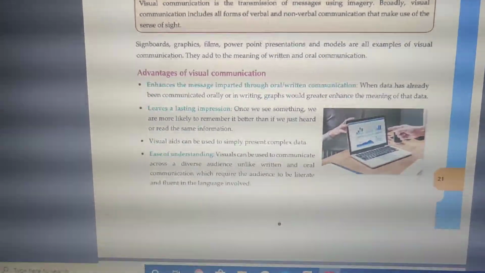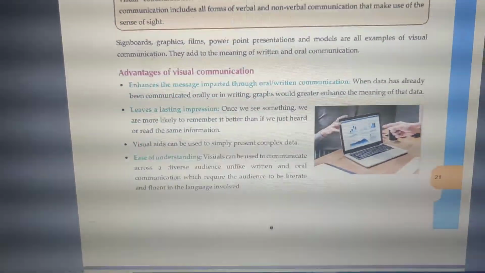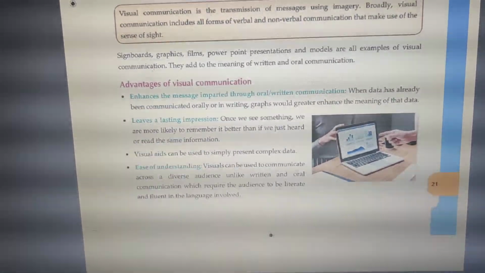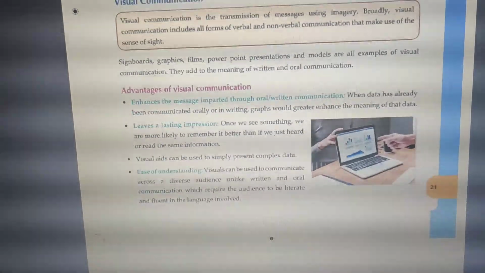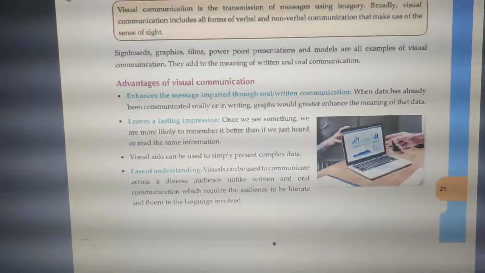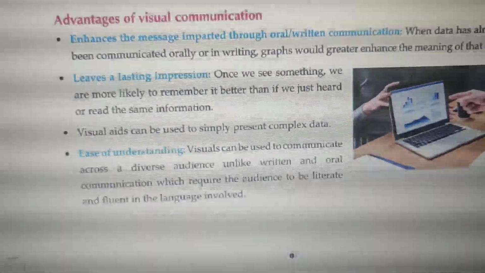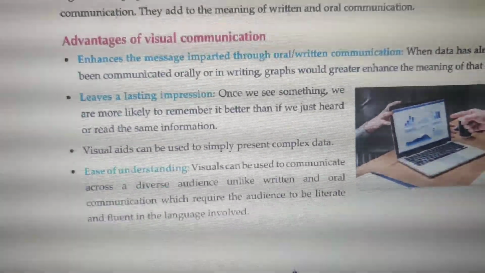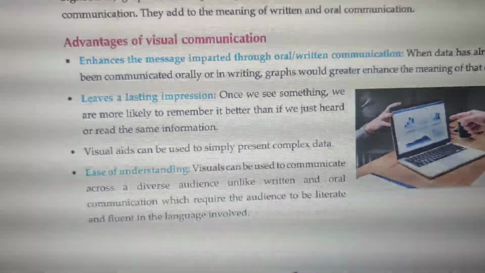Visual can be used to communicate across a diverse audience, unlike written and oral communication, which require the audience to be literate and fluent in the language. It means that in visual communication, we can communicate across a diverse audience.